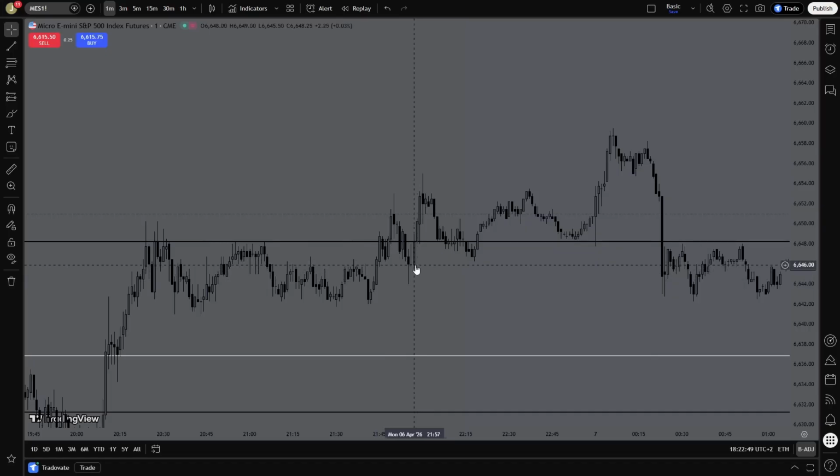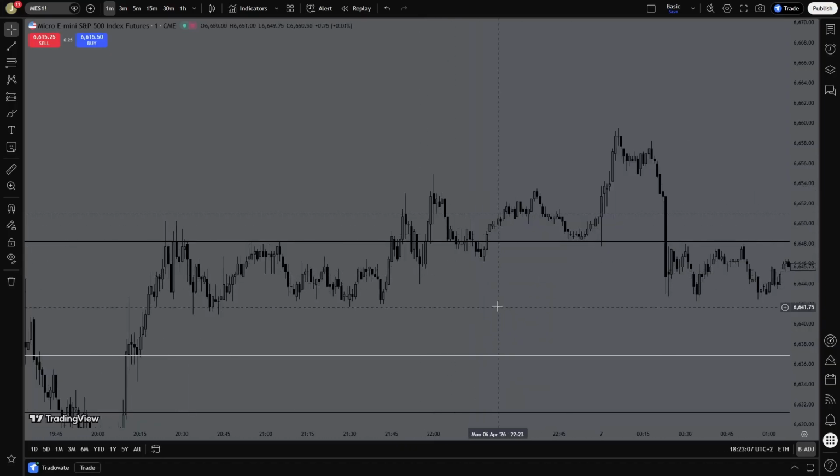So buyers pushed up. And then some sellers took a position because this was an acceptable price for them at the moment. So right now price is dropping back to this area.